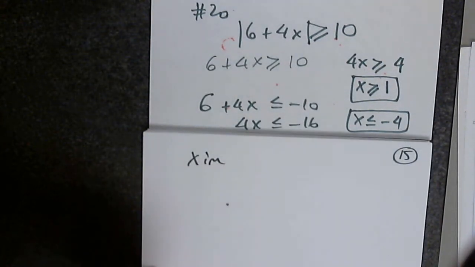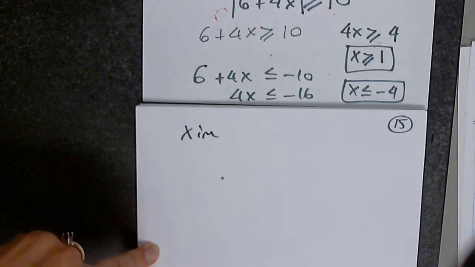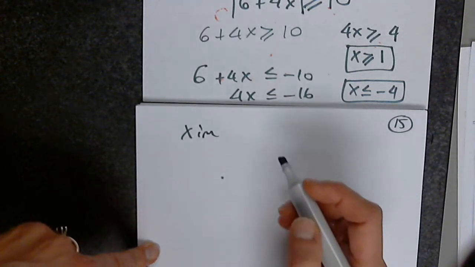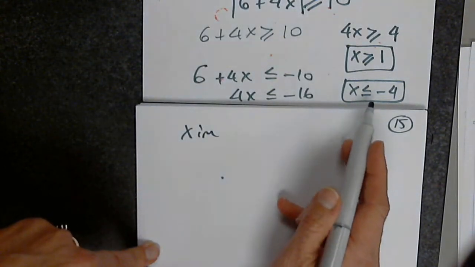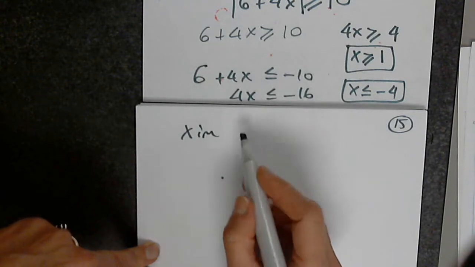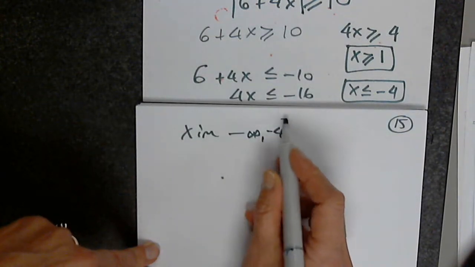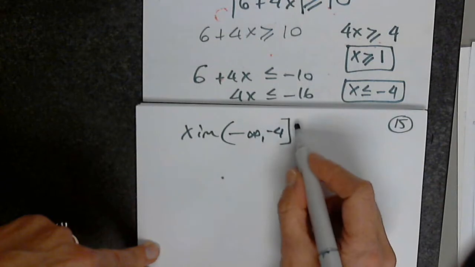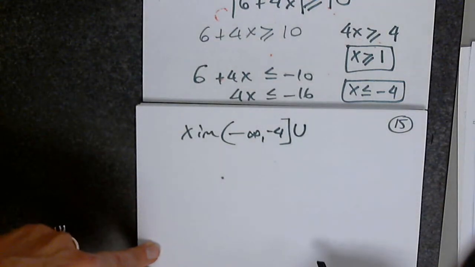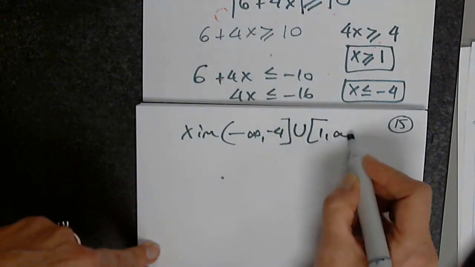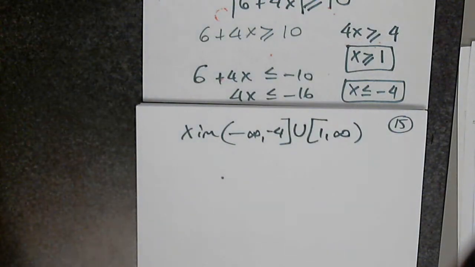X in the interval. I have to start with this one from left to right. Negative infinity, negative 4 with a bracket. Union 1 to infinity. Perfect.